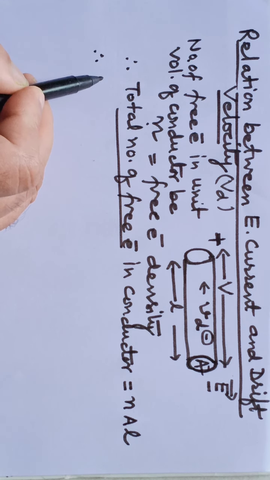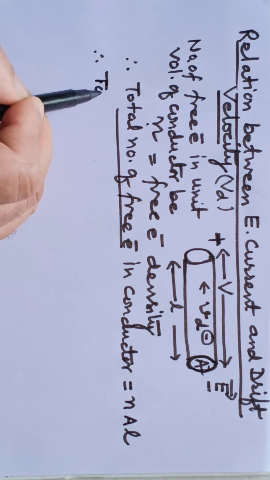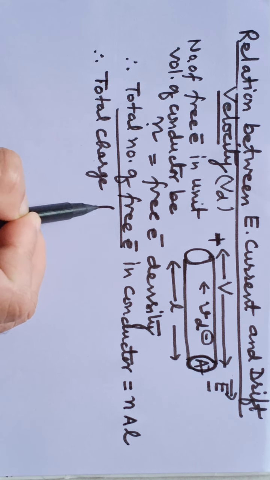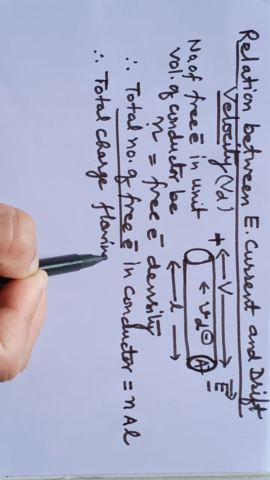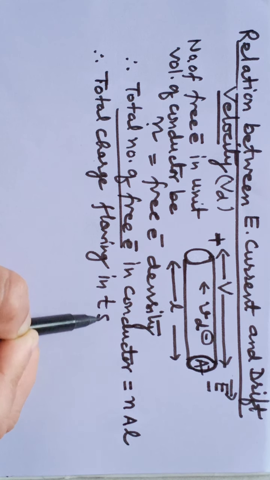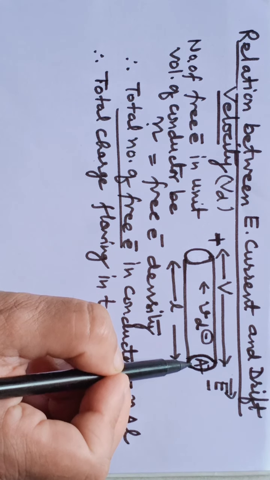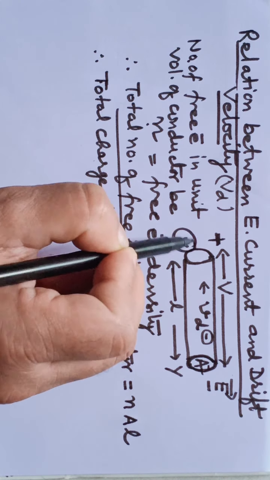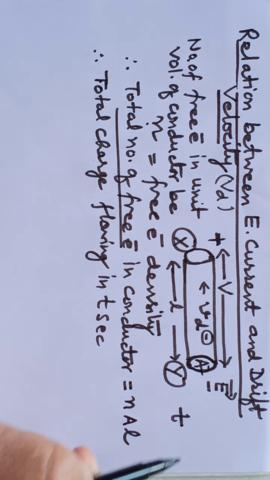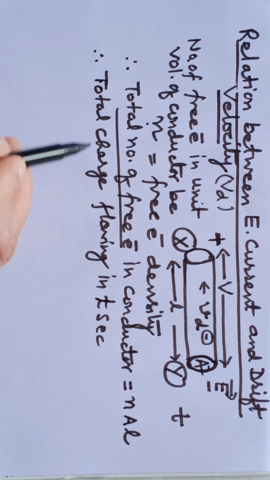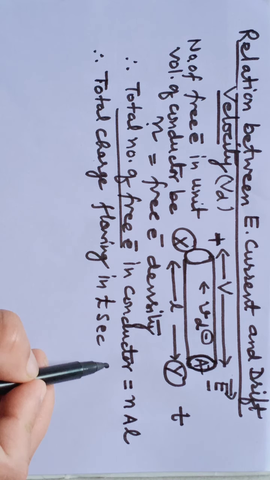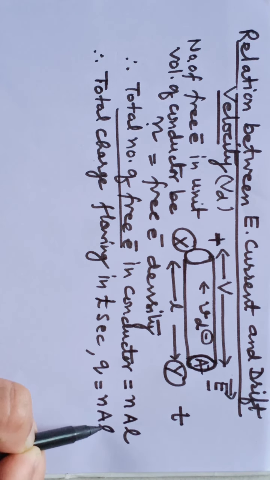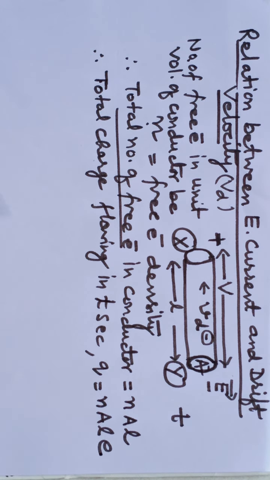Therefore, let the total charge cross from one end to the other in t seconds. The total charge flowing in t seconds, that will be q, is equal to the total number of electrons into the charge on one electron.